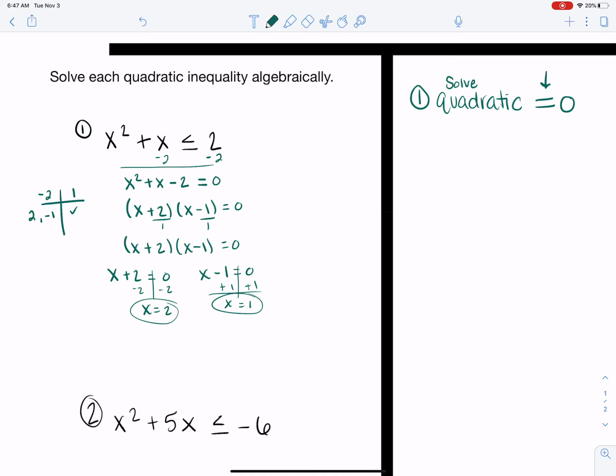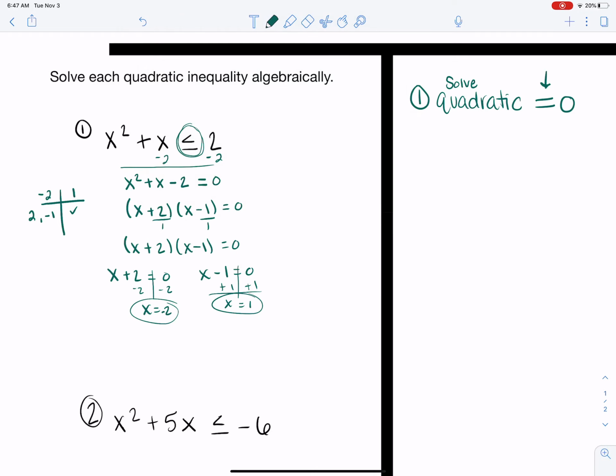Okay, so our factors are -2 and 1, sorry. But we haven't done anything with this inequality, so we're not finished.